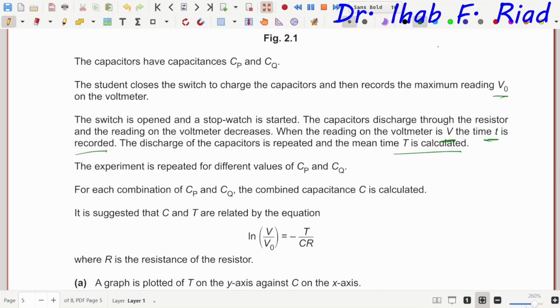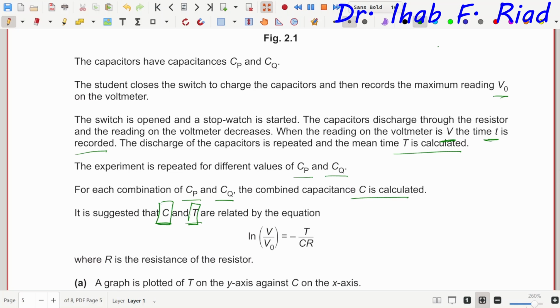Okay, the experiment is repeated for different values of Cp and Cq. For each combination of Cp and Cq, the combined capacitance C is calculated. It is suggested that C and T are related by the equation. So he told us that C and T are the dependent and independent variables. One of them is dependent and one is independent.